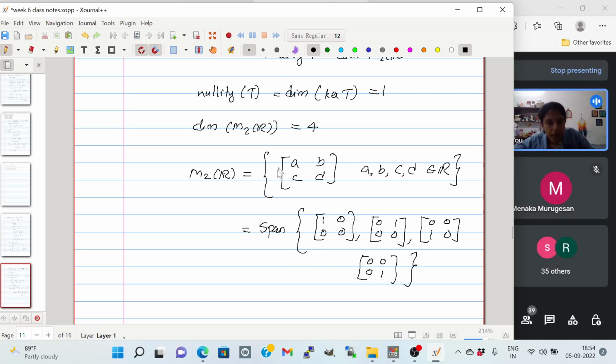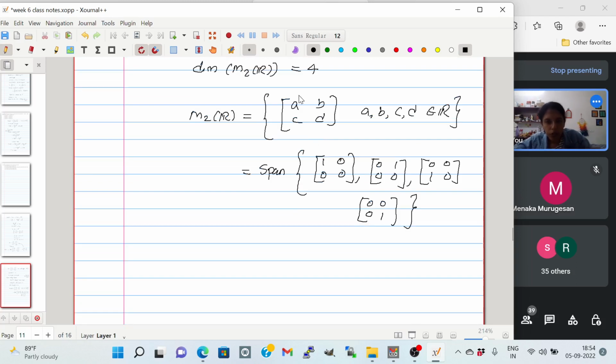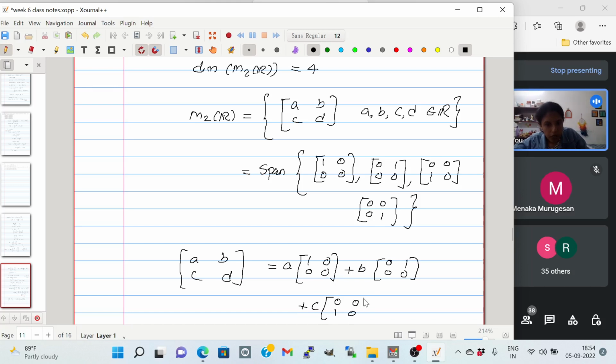If I am having any matrix A, B, C, D in M2 of R, I can write it as A times 1, 0, 0, 0 plus B times 0, 1, 0, 0 plus C times 0, 0, 1, 0 plus D times 0, 0, 0, 1.